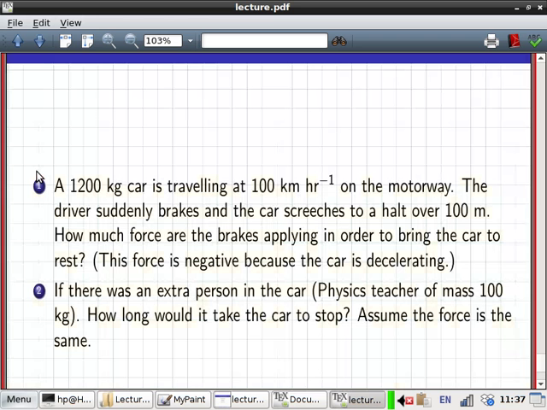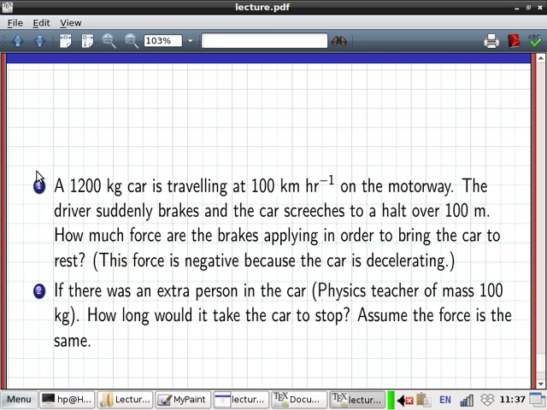So, there's an extra person in the car now. And this actually makes the car take a longer distance to stop. It doesn't stop in 100 meters. It actually takes a little bit more than 100 meters to stop. The following information is the same. The force is the same.